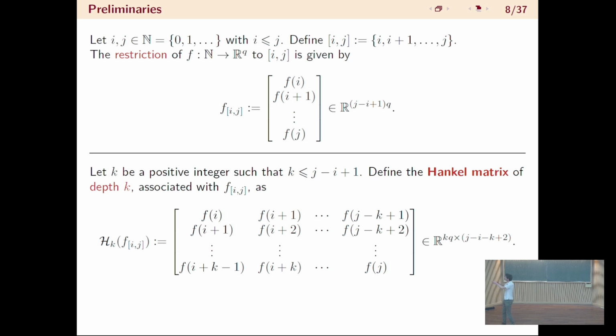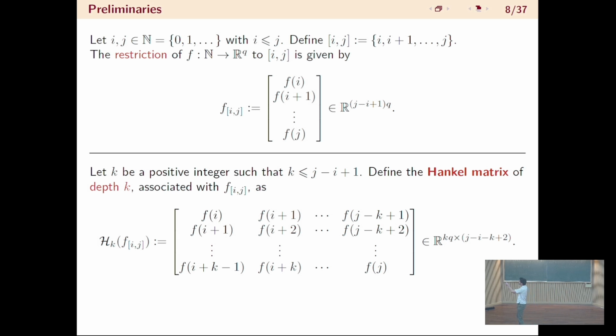And what is this Hankel matrix? Well, in the first column, we just put fi, up to fi plus k minus 1. So these are k evaluations of the function f, from fi up to fi plus k minus 1. Then every next column in this Hankel matrix is just a shifted version of the previous column. What does that mean?